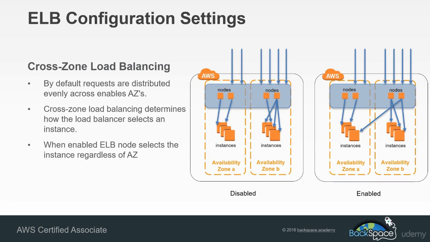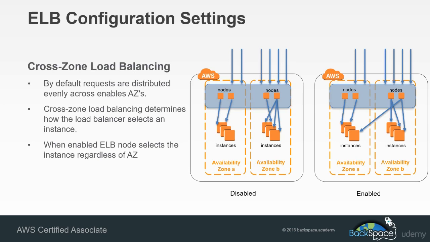If you've got your elastic load balancer spanning multiple availability zones, which is certainly recommended, and your instances in different availability zones, by default all requests will be distributed evenly across the availability zones. What that means is that when requests come in, they will go through whichever nodes are in that ELB, in that availability zone, and then go through to instances in that availability zone.